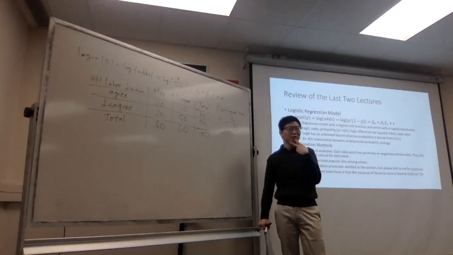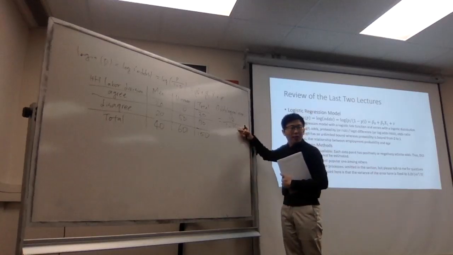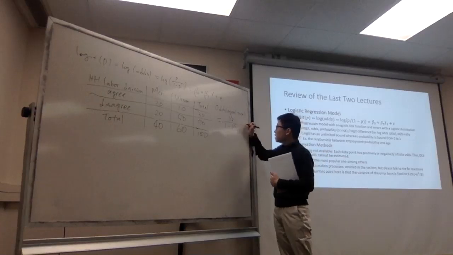The probability of agreement divided by the probability of disagreement. Which is 1.